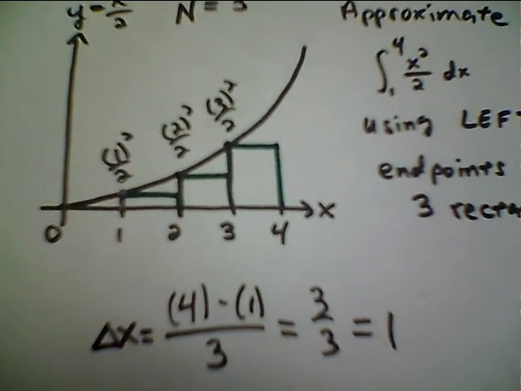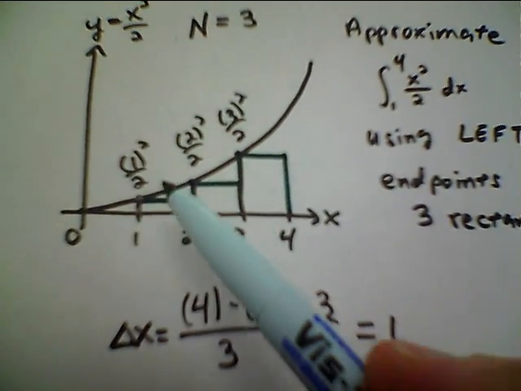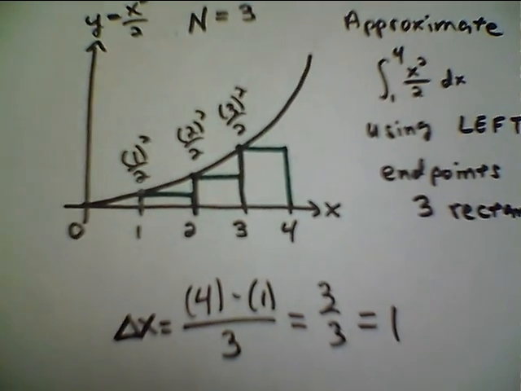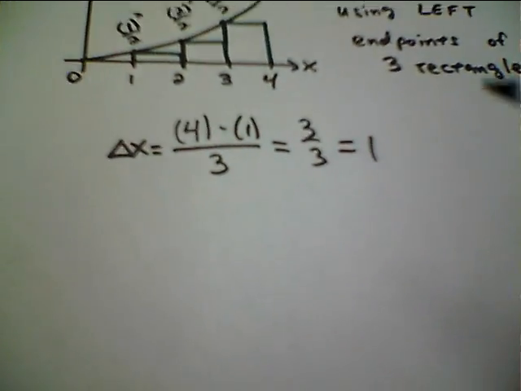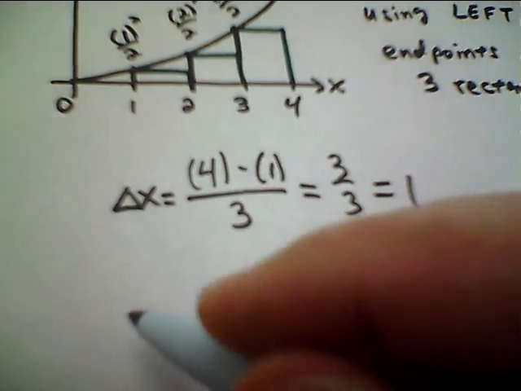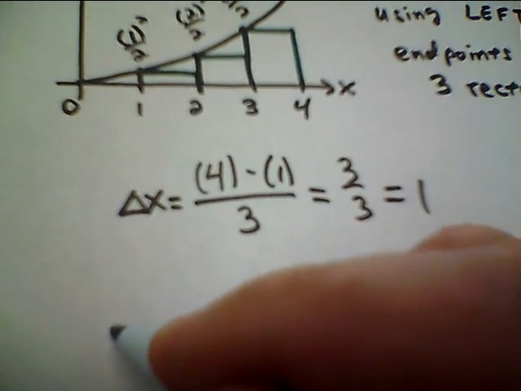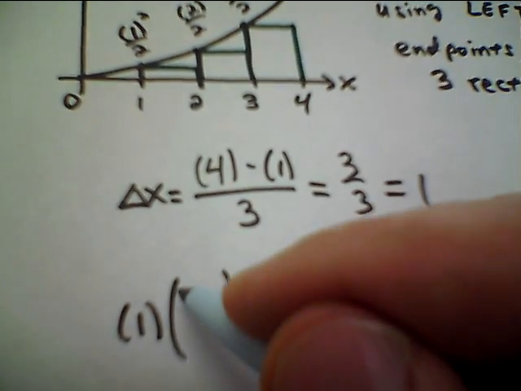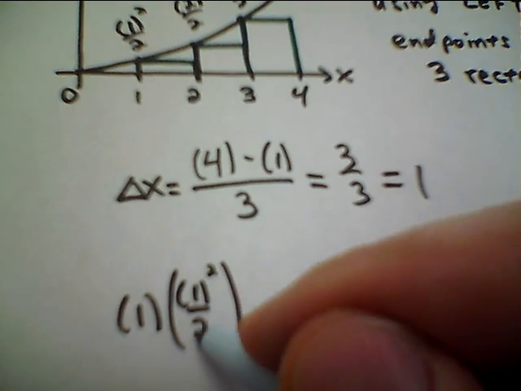So now we want to approximate the area under the curve here. We need to compute the area of each of these rectangles and then add them together. So let's perform that computation. We're going to first calculate the area of this rectangle. That is the length of the base times the height, and remember the height is given by 1 squared over 2.